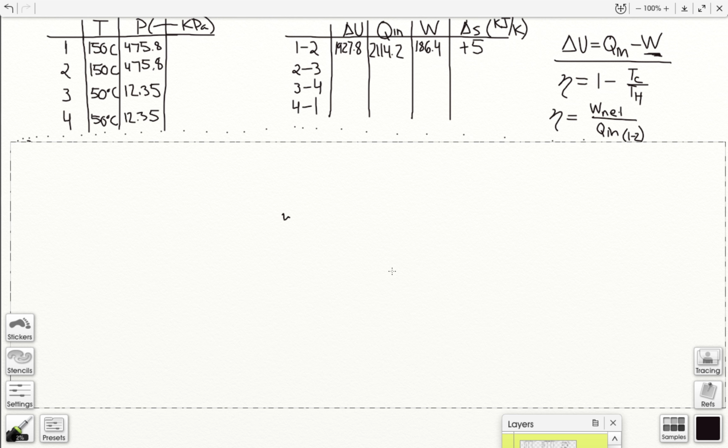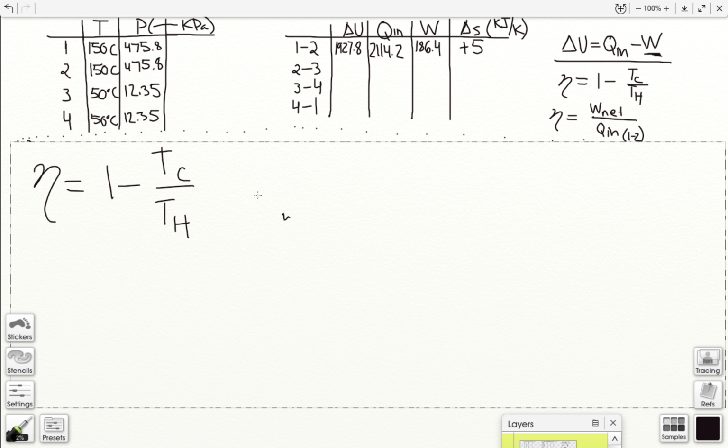So one of the expressions for efficiency for the Carnot cycle is 1 minus Tc over Th. So we could have solved the efficiency for the cycle without having to do any of that work. So Tc is at 50 degrees Celsius. That's our cold temperature. And we need to convert this into Kelvin.